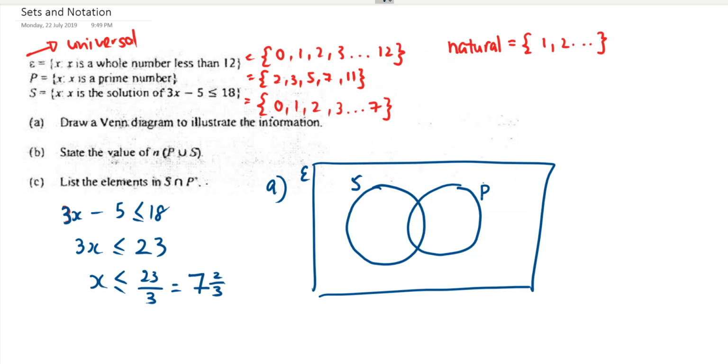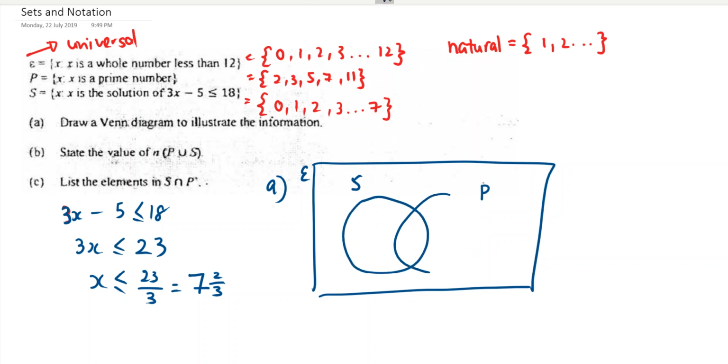Inside S there's 0, 1, then 2 is here, 3 is here. In this case my intersection is not big enough, so let's do it again. That's why it's important to leave enough space within the intersection to write your elements. 2, 3, 4, 5, and then 6 is here.